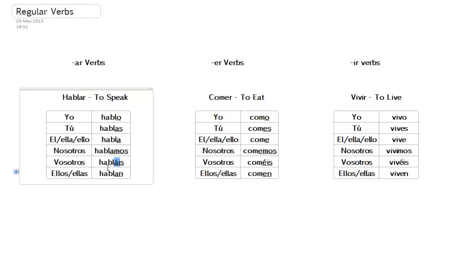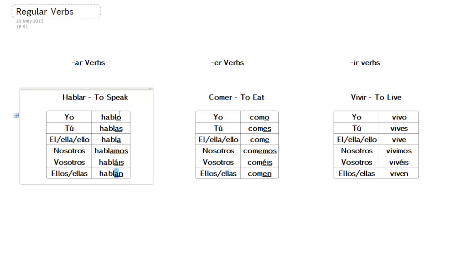And hablan, they speak. For example, hablan español en España, they speak Spanish in Spain. Hablan español en México, in Mexico.